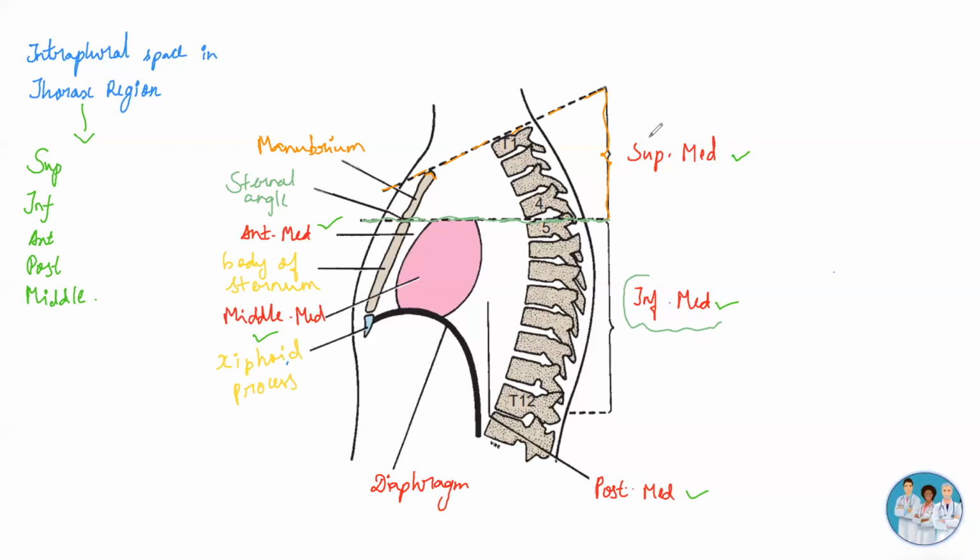And the body of the sternum has the anterior mediastinum and the middle mediastinum, and all these parts are located in the thorax region.